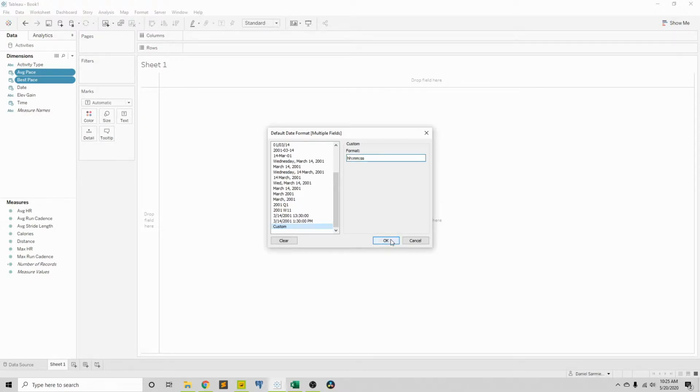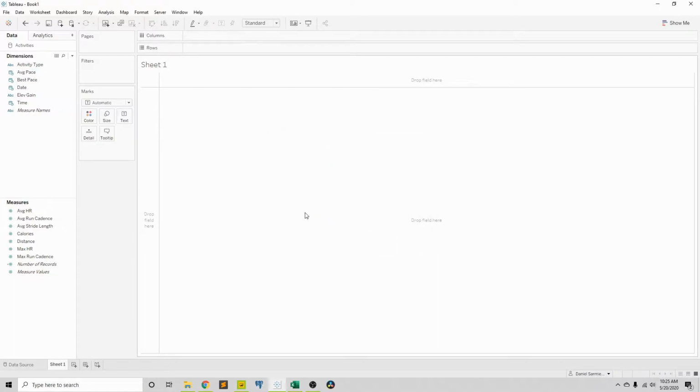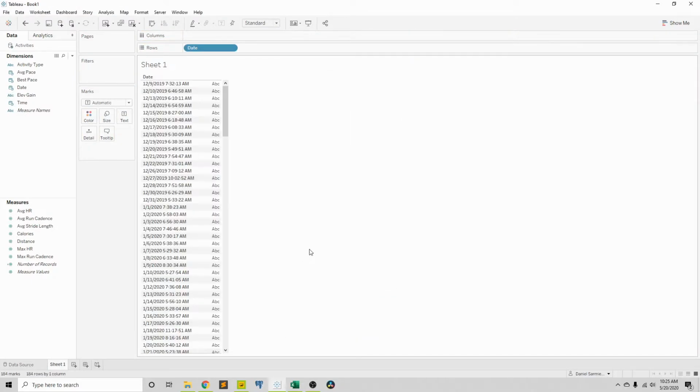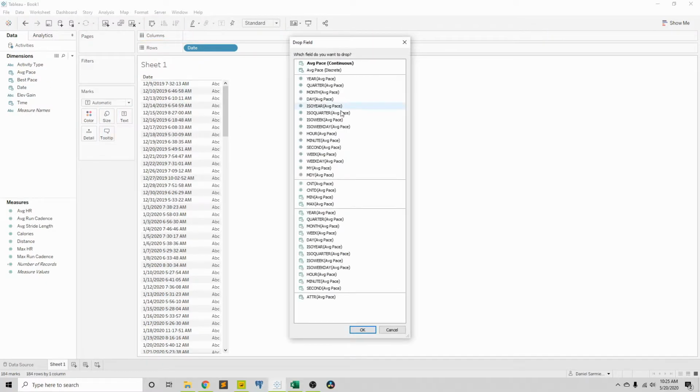So I want this format for the pace so that I can work with it. If I look at what is included over here, let's see how the pace came over.